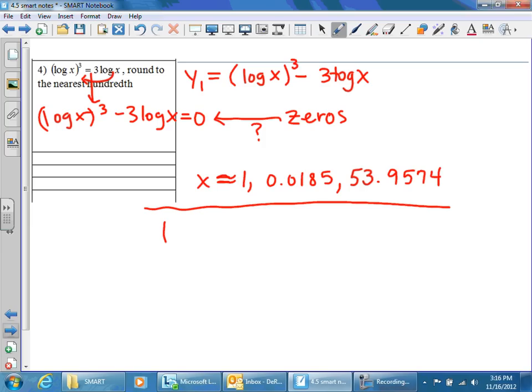Once I have it set equal to 0, I'm going to rewrite this as log of x squared times log of x minus 3 log of x. So now what could I pull out from both of those? What's the GCF? Well, it's log of x.